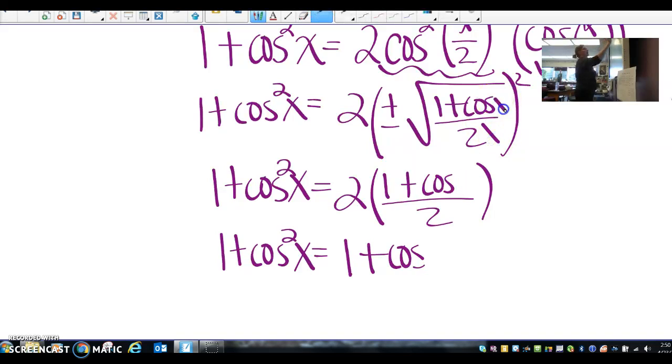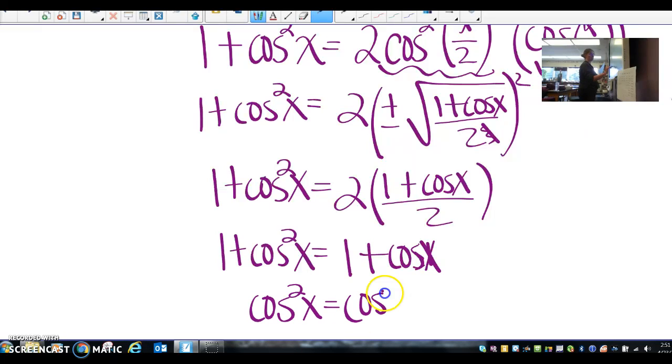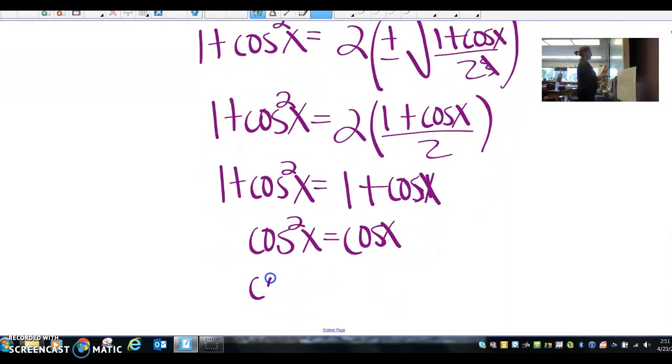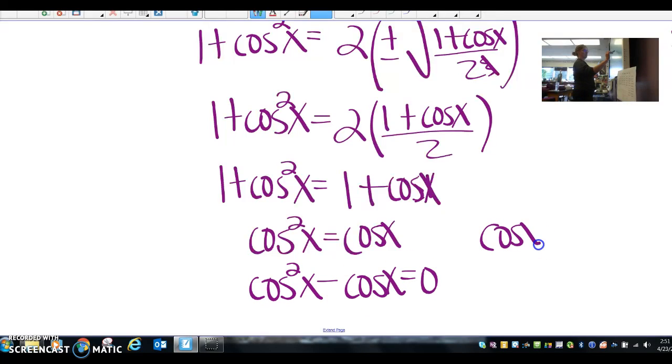Okay, now I can subtract 1 from both sides, and I'm going to get cosine squared x equals cosine of x. And here we go. If I subtract cosine of x from both sides, I can factor out a cosine of x, and I'm going to get cosine of x times cosine of x minus 1 equals 0.